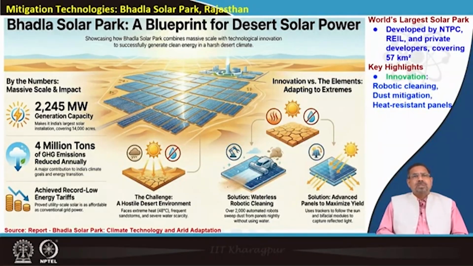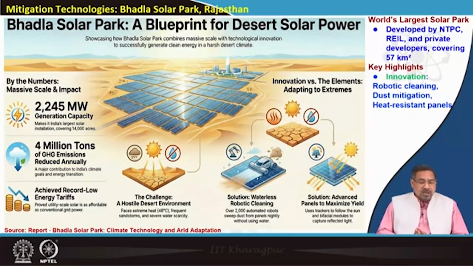So 2245 megawatt generation capacity makes it India's largest solar installation, covering 14,000 acres. And 4 million tons of greenhouse gas emissions are reduced annually because of this.